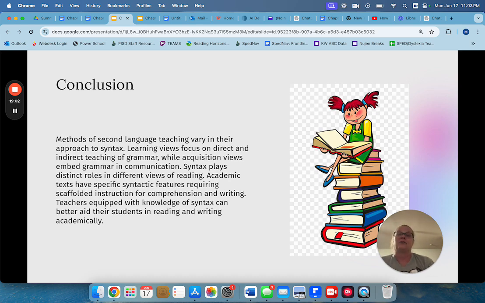Academic texts are going to be very specific in their syntactic features, and they are going to require some scaffolding instruction for comprehension and writing. And as long as we are equipped with our syntactic knowledge, we can better support our students in reading and writing academically.